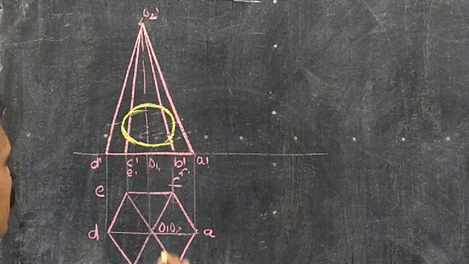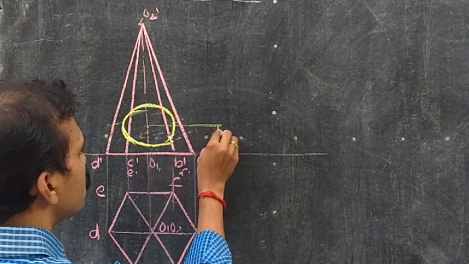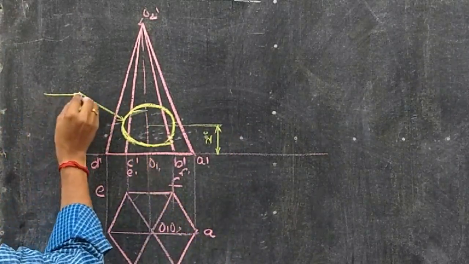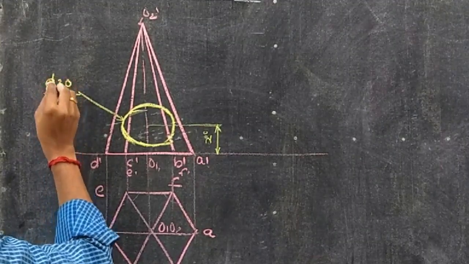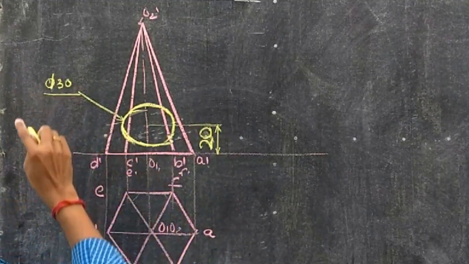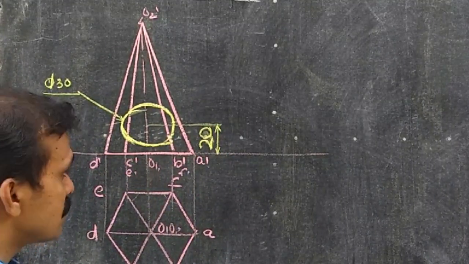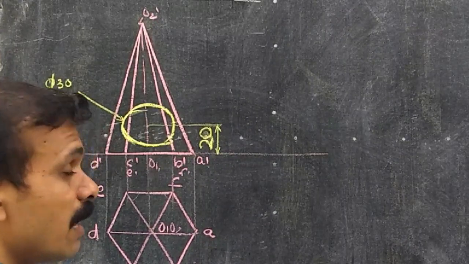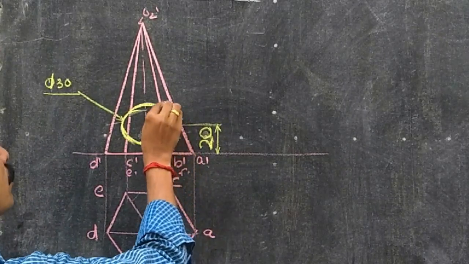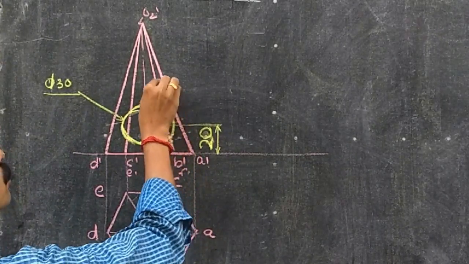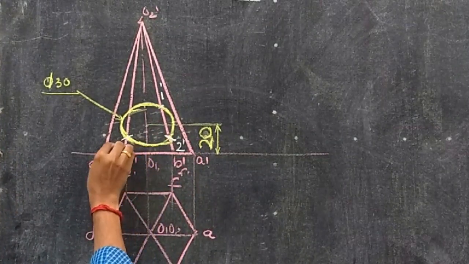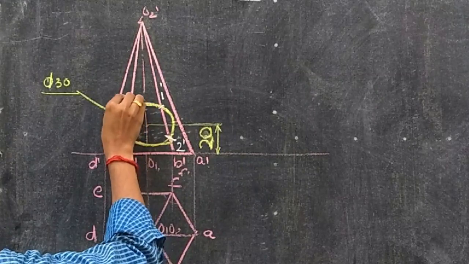So at a height of 20 from here, draw a circle of diameter 30. We can see that this circle has intersected at one point here, 1 dash, one point here, that is 2 dash, here 3 dash, here 4 dash.